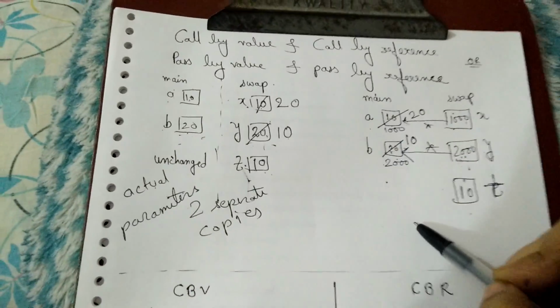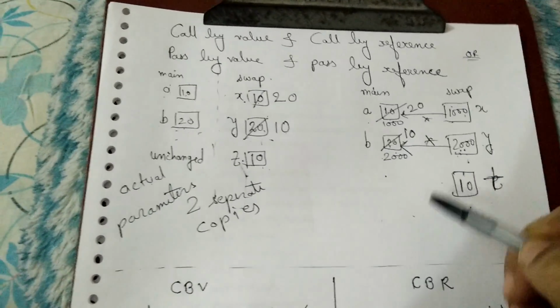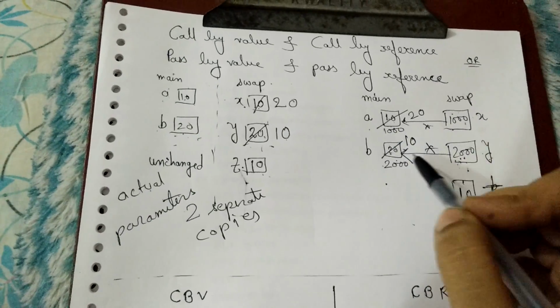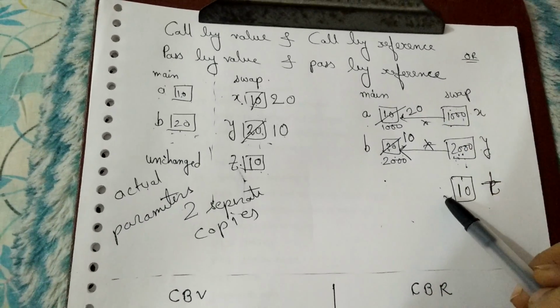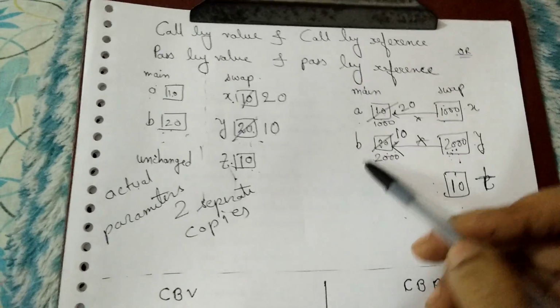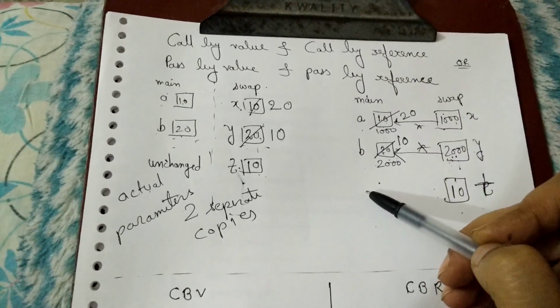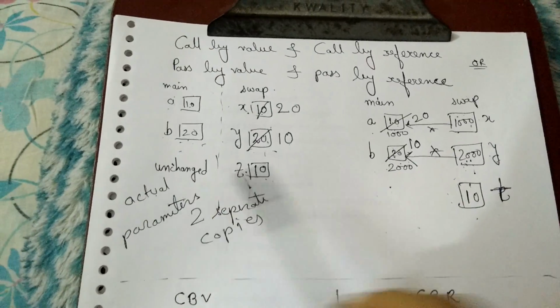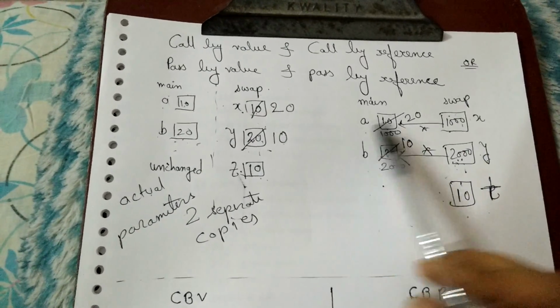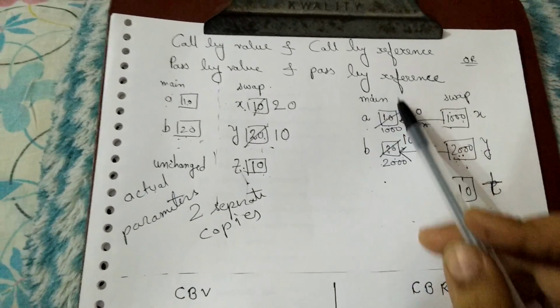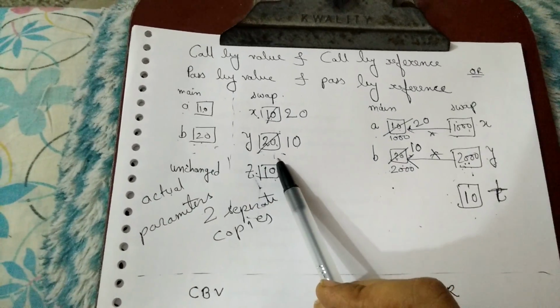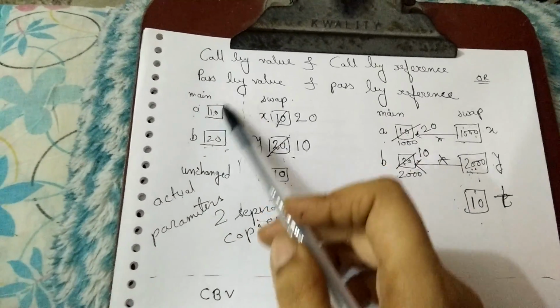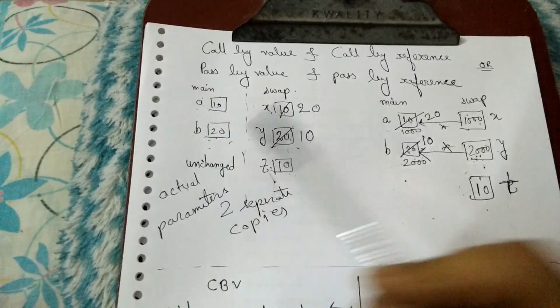That is the concept of call by reference. So here there is a linking between the swap variables and the main variables. This is your actual variable and this is your parameters. Here there is no linking, and here there is a linking between them. So changes will be reflected in the main function. Here the changes will not be reflected, so the value in main remains unchanged.